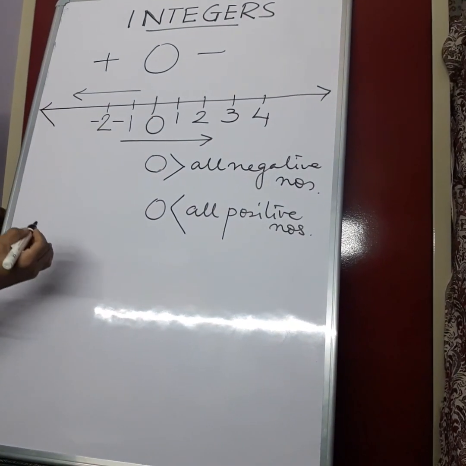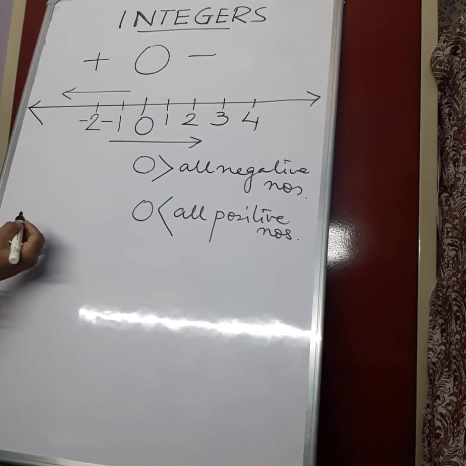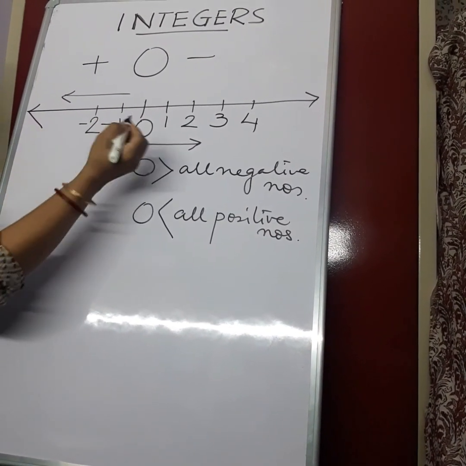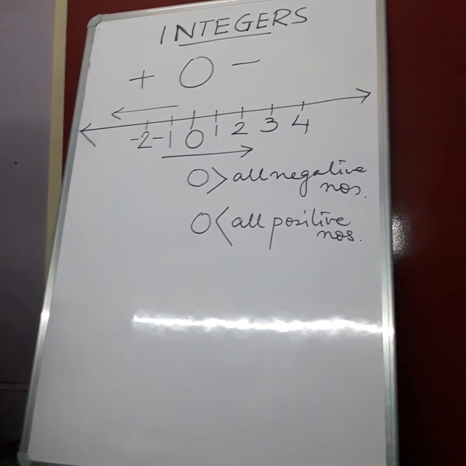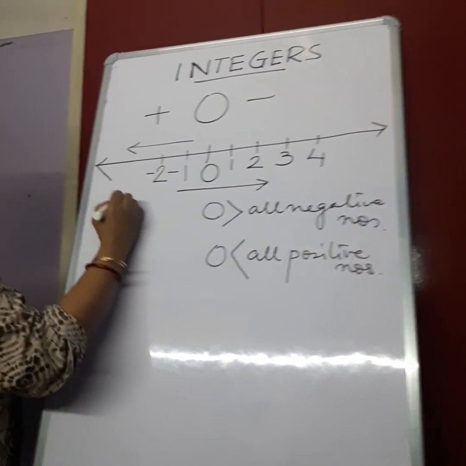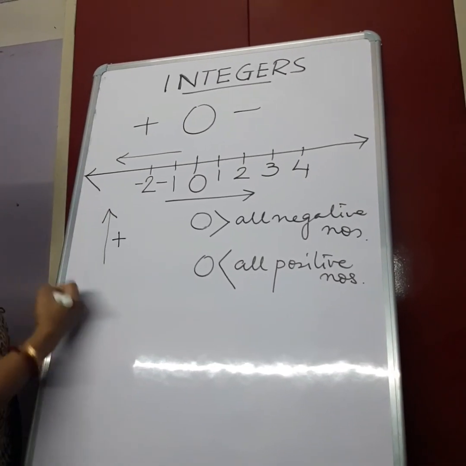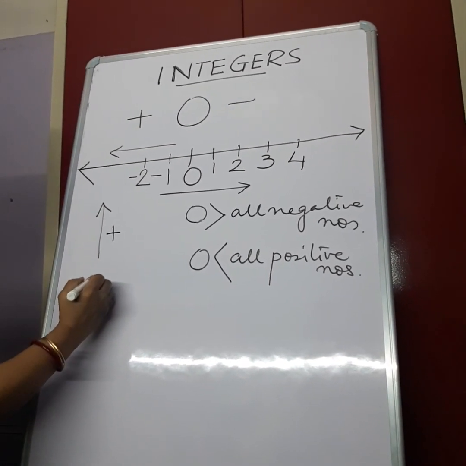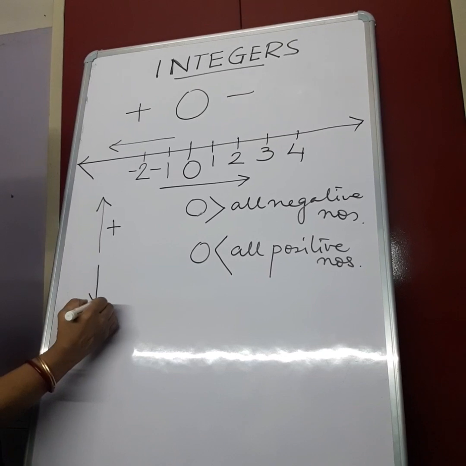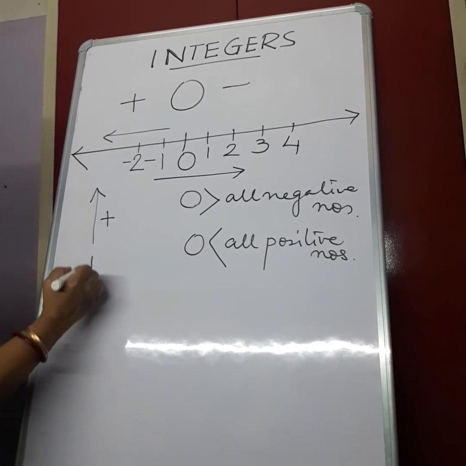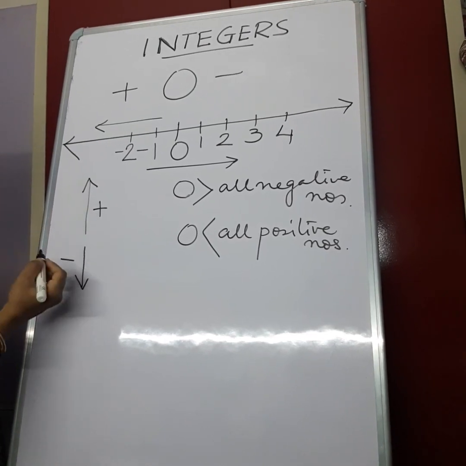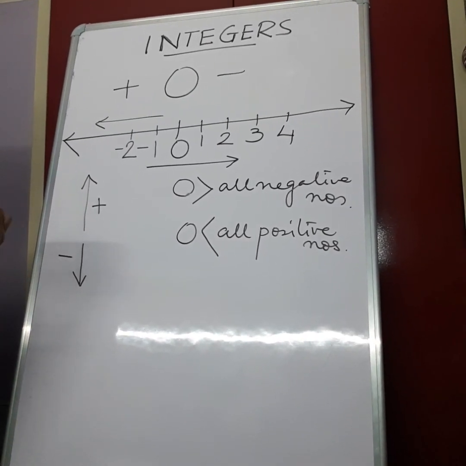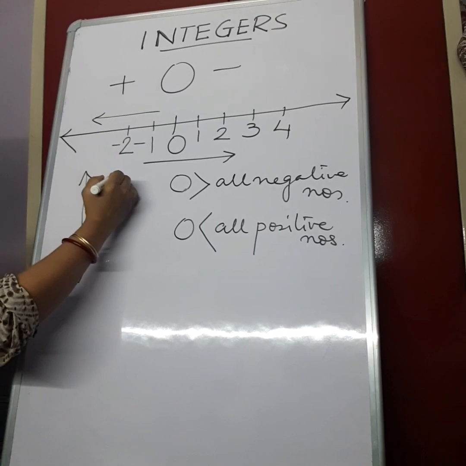Now when we compare the negative numbers and the positive numbers, we mention going up the mountain with the positive number and going down below the sea, as the submarine goes, we indicate by negative numbers.